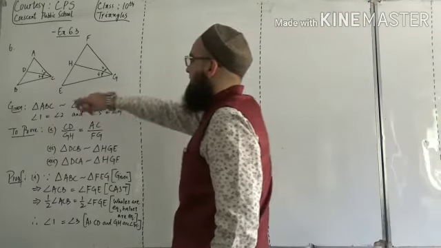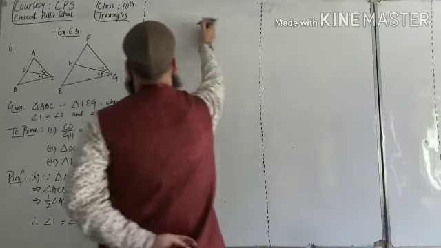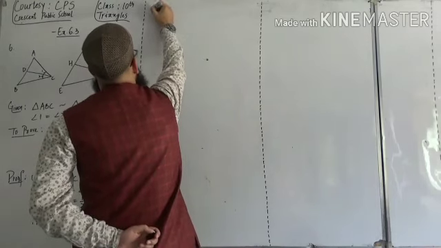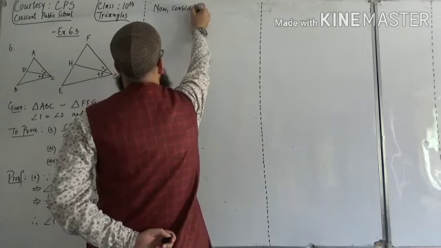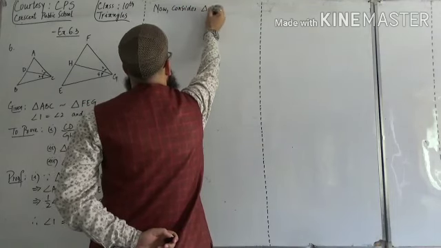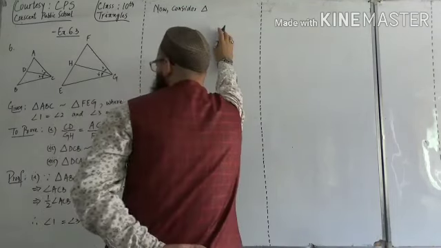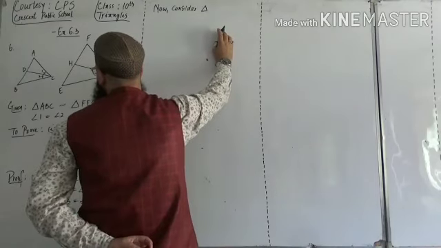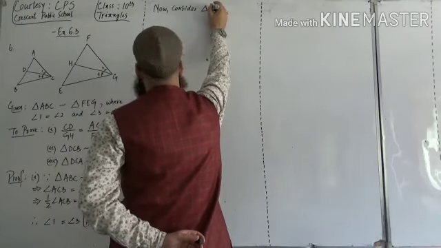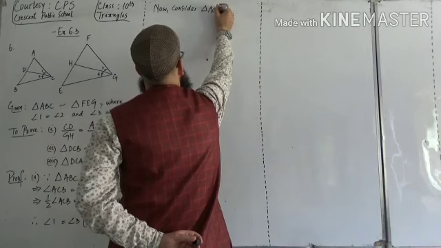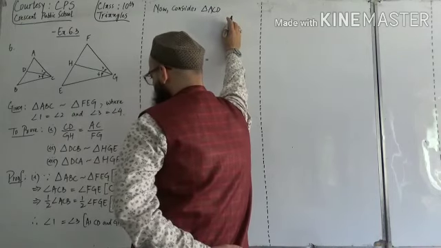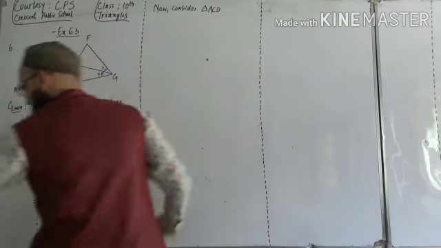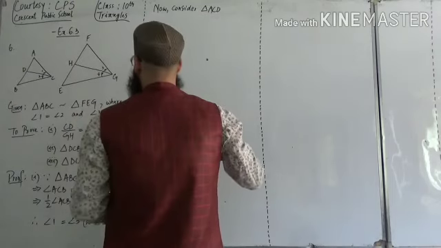Now let us consider this triangle and this triangle. Consider triangle ACD, or I can say DC, let us name this DCA.